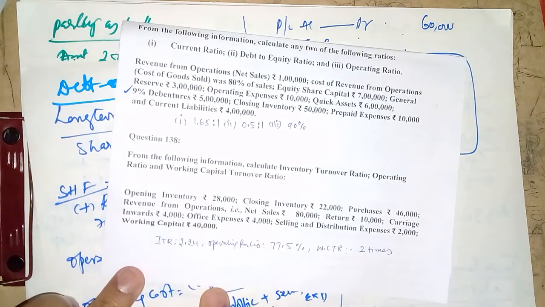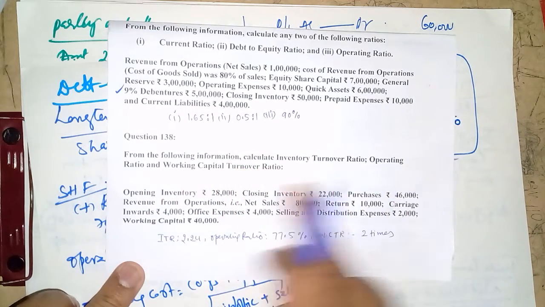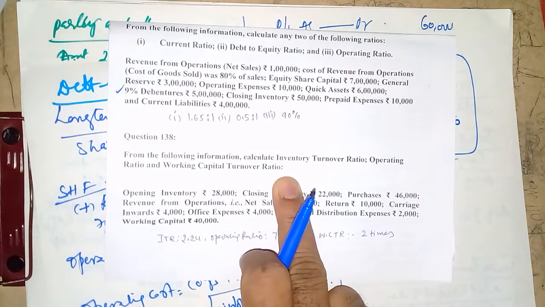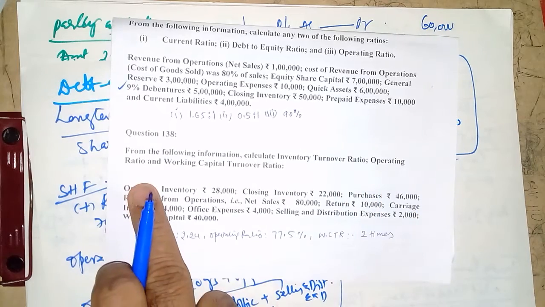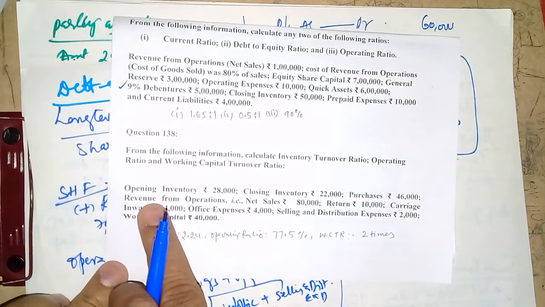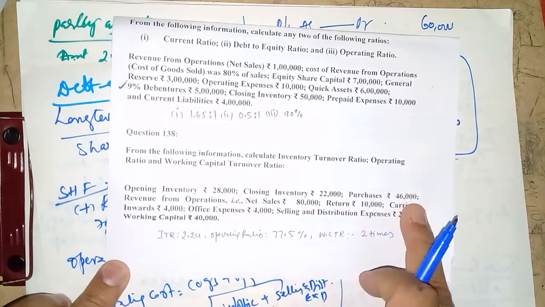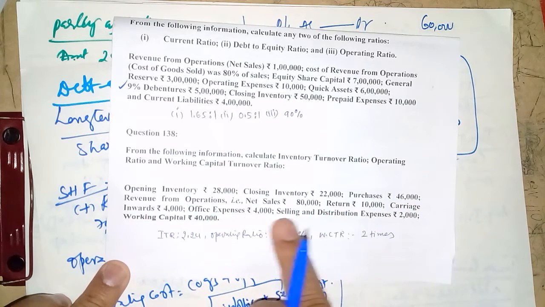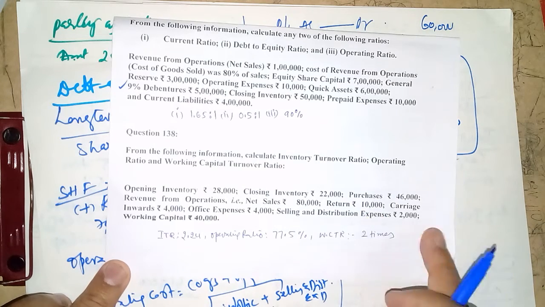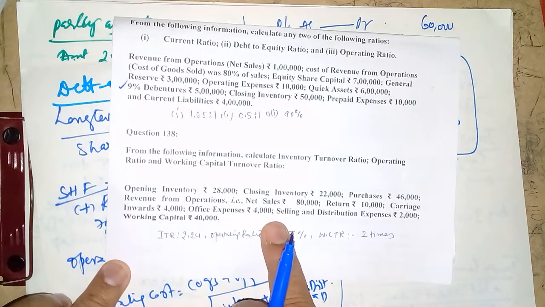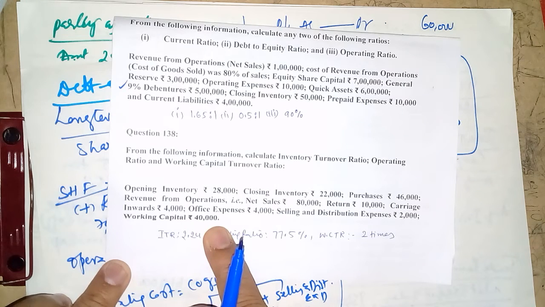Then question number 138. On the following information, calculate the inventory turnover ratio, operating ratio, and working capital turnover ratio. Opening inventory is 28,000, closing inventory 22,000, purchases we have been given, revenue from operations and returns we have been given, that is sales return, carriage inwards, office expenses, selling and distribution expenses, and then working capital is 40,000.